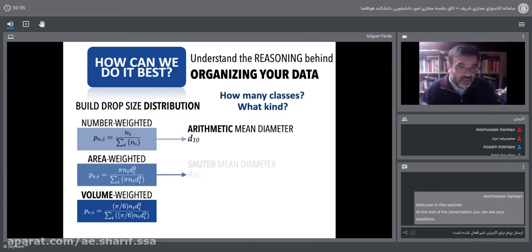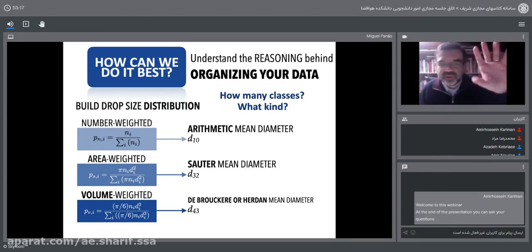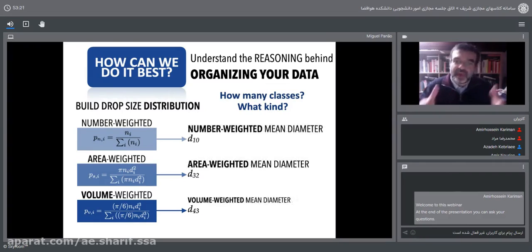So the mean diameter of a number-weighted distribution is the arithmetic, then you have the most known, the Sauter mean diameter, and then you have the mean diameter of a volume-weighted drop size distribution, the Brouckere. However, the most known is the Sauter mean diameter. However, we could also express this in other terms. Instead of using arithmetic, Sauter, and the Brouckere or Herdan, we could use number-weighted, area-weighted, and volume-weighted.